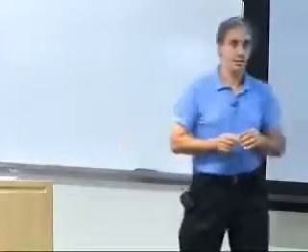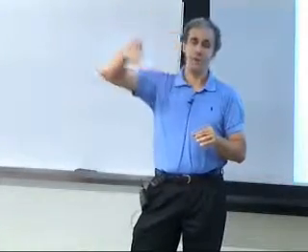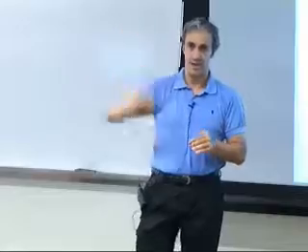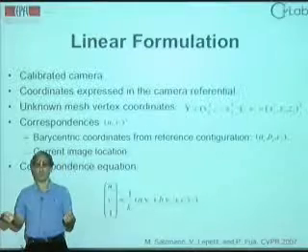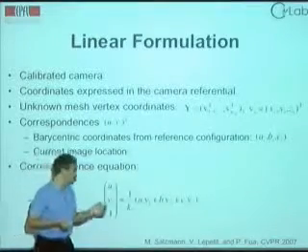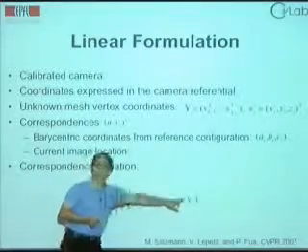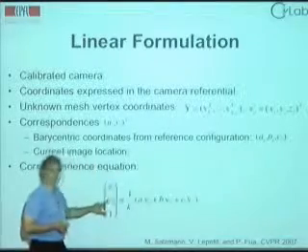And these points on the 3D surface belong to a facet, and they can be defined in terms of the barycentric coordinates into the facet to which they belong. It turns out that if you look at this, every correspondence gives you one linear equation that relates the 3D coordinates of the vertices to the 2D projections.